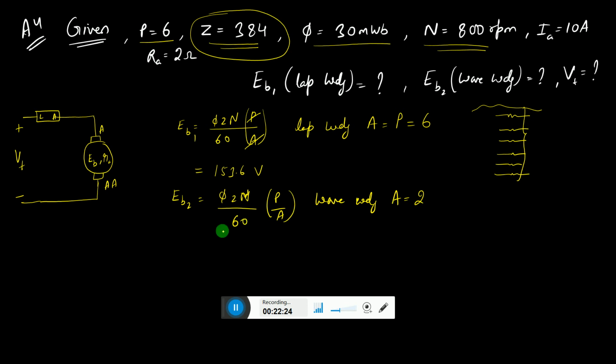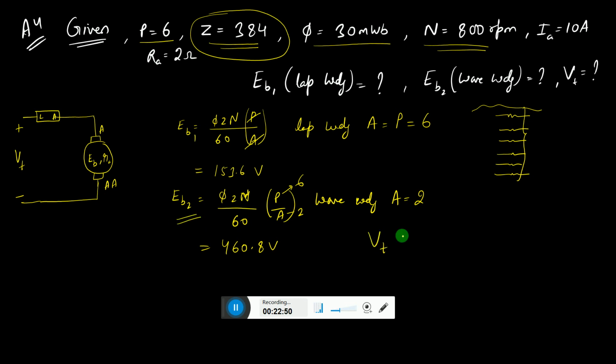Here the number of poles is 6, so P by A is 3, which is 3 times the back EMF of the lap winding. That comes out to be 460.8 volts.